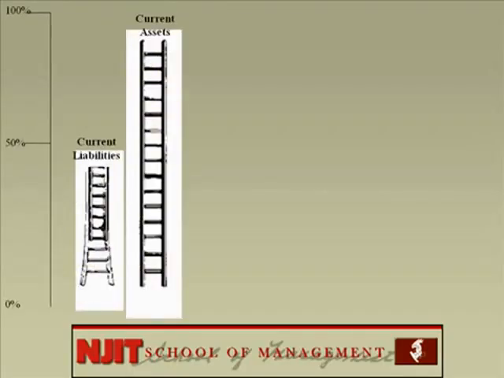Have a look at this diagram in front of you. To measure liquidity, you compare current assets against current liabilities. And common sense dictates that current assets should be greater than current liabilities.